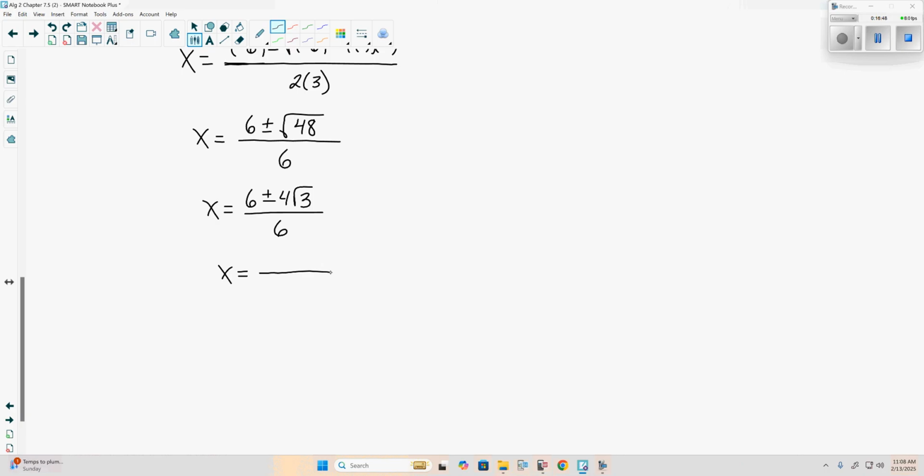The 6 and 4 on top and the 6 on bottom all share a common factor of what? 2. So we can factor the 2 out of the top, which will give us 3 plus or minus 2 square root of 3, and we factor it out of the bottom, which reduces to 3. Essentially, we pull the 2 out of the top, pull the 2 out of the bottom, and the 2 over 2 reduce.